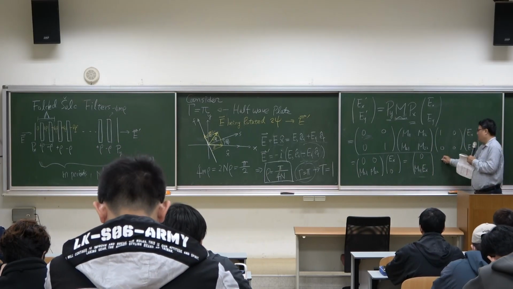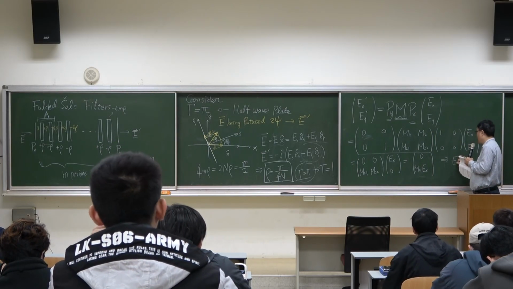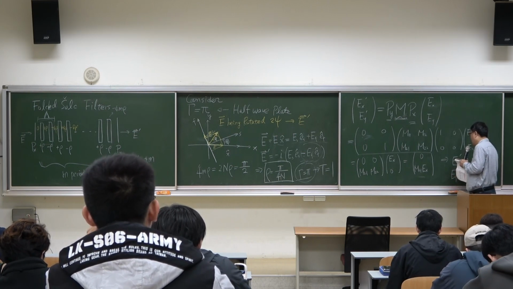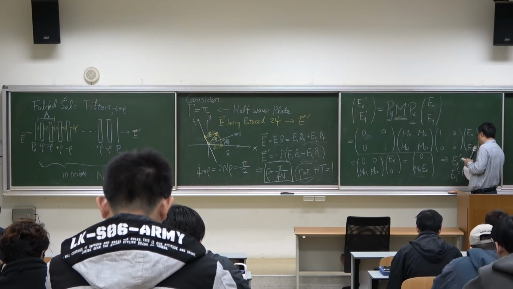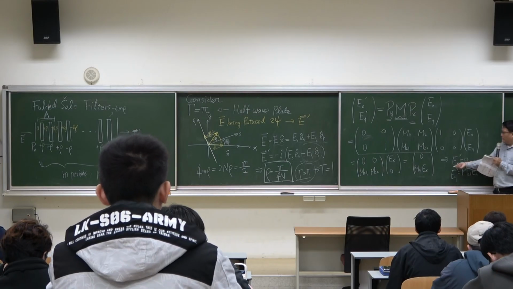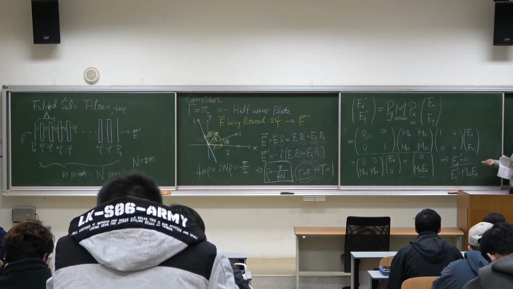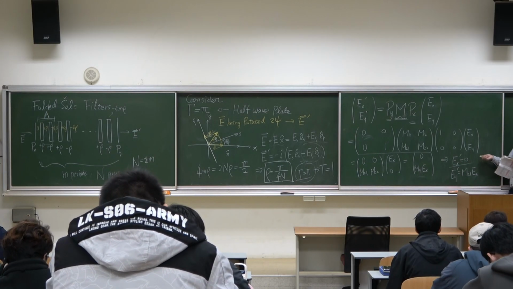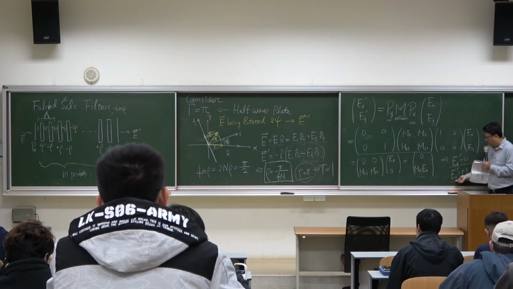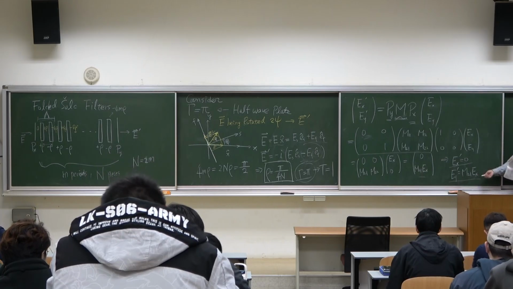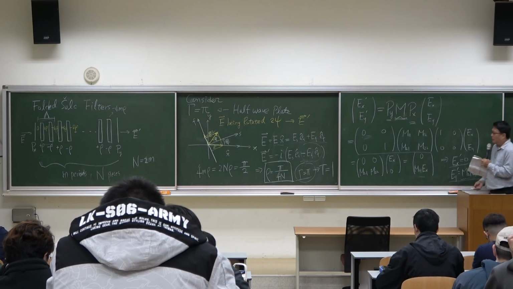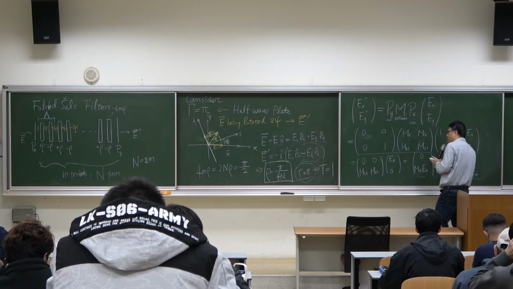This means that Ex prime is equal to 0 and Ey prime is equal to M21 times Ex. This is trivial because we use the y polarizer, so we have no x component of the E vector, and the y component of the E vector is equal to the matrix element M21 times Ex. However, what is M21?